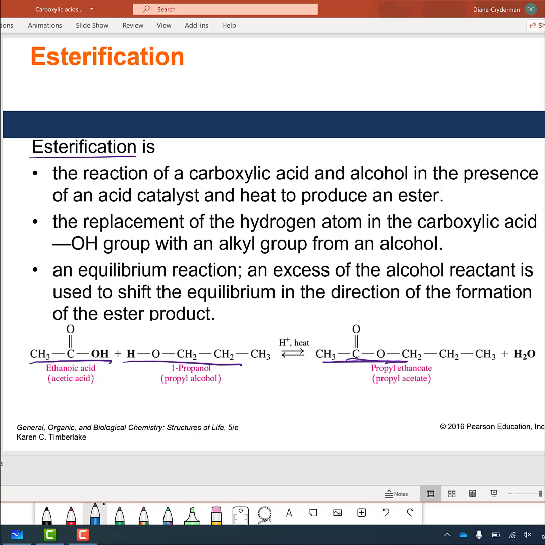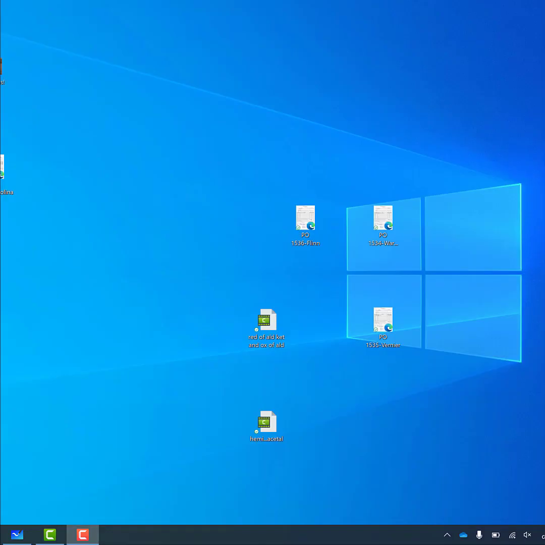So let's go to the whiteboard and see what this reaction looks like. So I'm going to start with ethanoic acid. It's a pretty simple carboxylic acid. And this is going to be done with an acid catalyst.